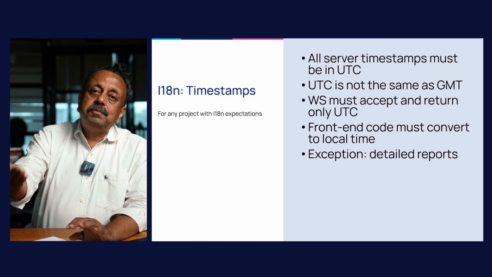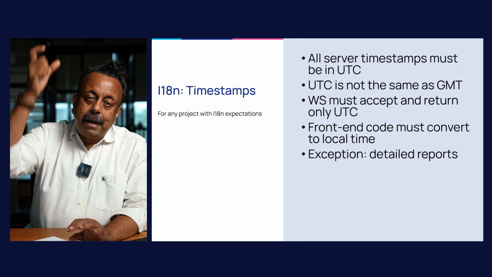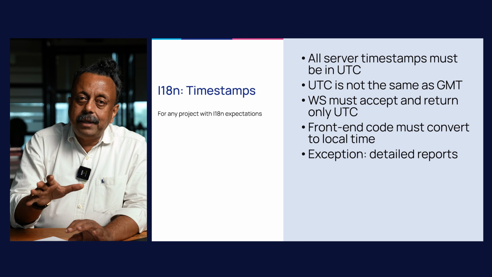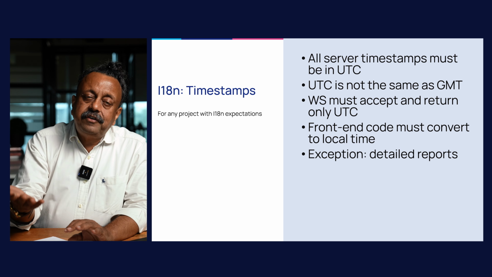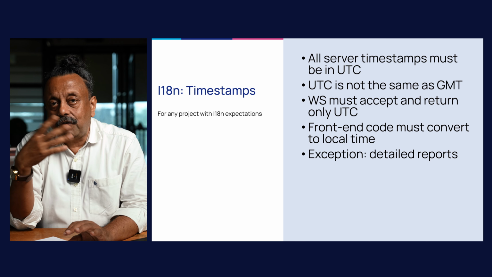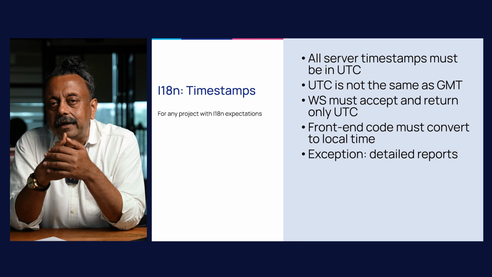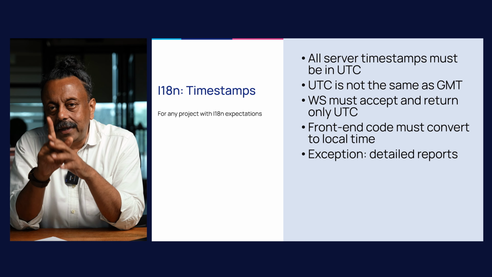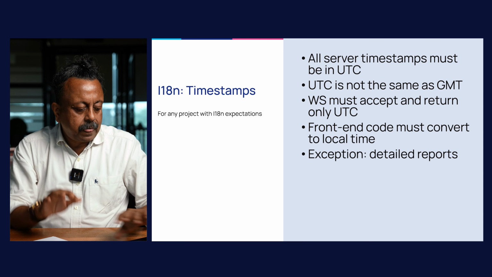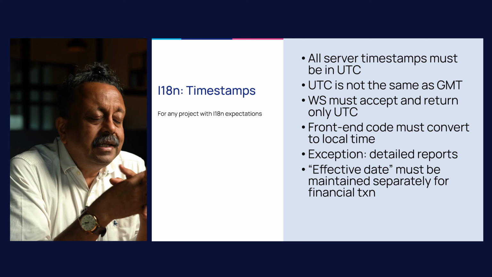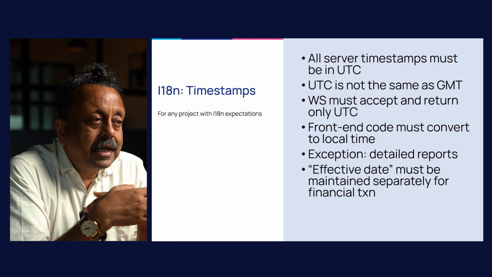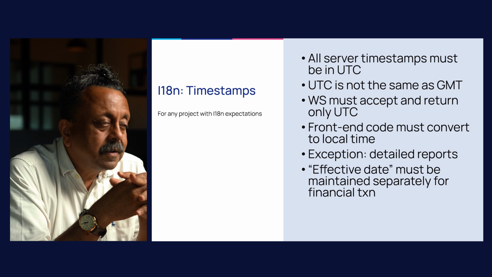And the web service must pull out the data from the server, patch all the UTC timestamps into the local time zone which has been asked for, and then generate the detailed report and give it back in CSV form or Excel spreadsheet form or any other form to the front end. So this is the one case where the web service is aware that there is such a thing called a time zone offset.